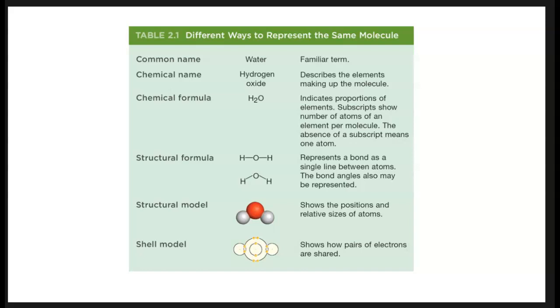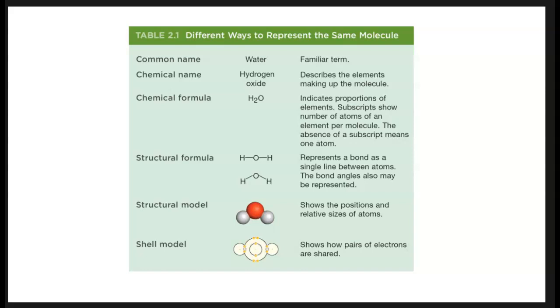We will also write the chemical formula, which is a shorthand that indicates the individual elements, the atoms that make up that chemical, and the numbers of those atoms in the molecule. For example, water is composed of 2 hydrogen atoms, so we have H2, and 1 oxygen atom, so it's H sub 2O. You can also write structural formulas.